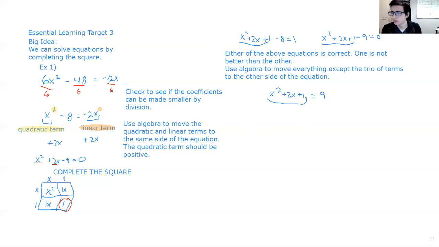So that's going to give us x plus 1. That's the length. Times x plus 1. So we're just going to put a squared. It's going to equal 9.